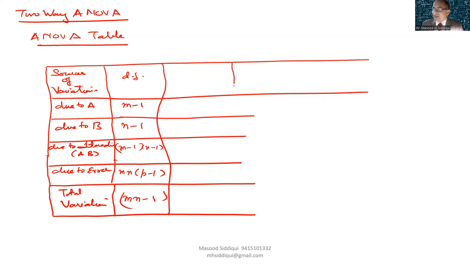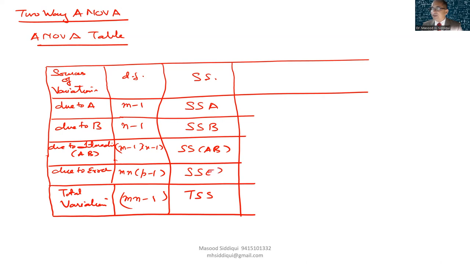Okay. After that, we have sum of squares. The total sum of square is divided into sum of square because of A, next sum of square because of B, sum of square because of the interaction effect AB, then sum of square due to error.